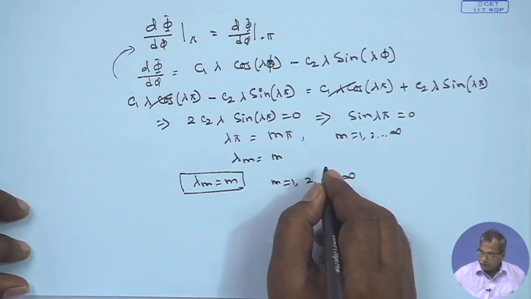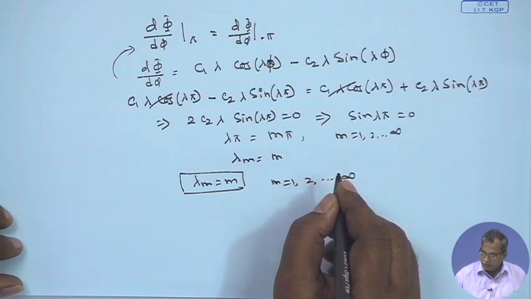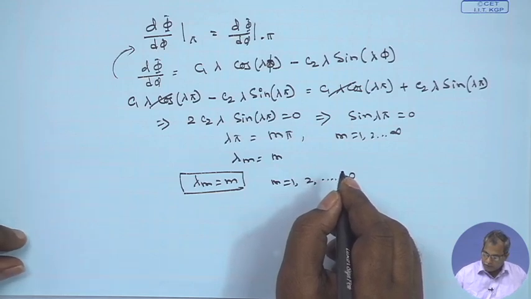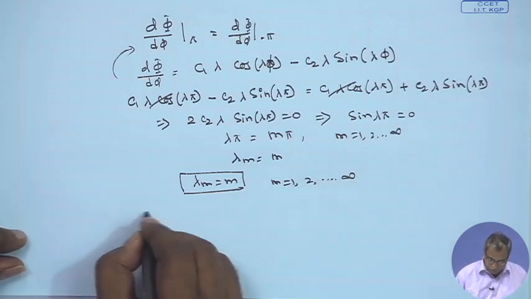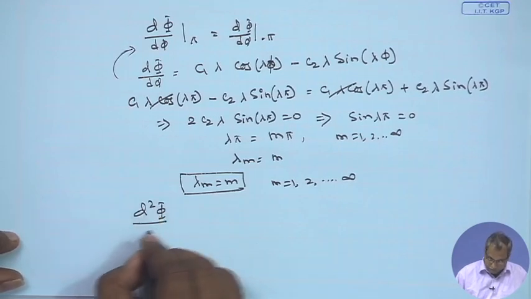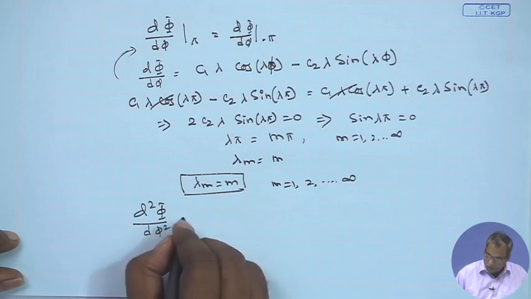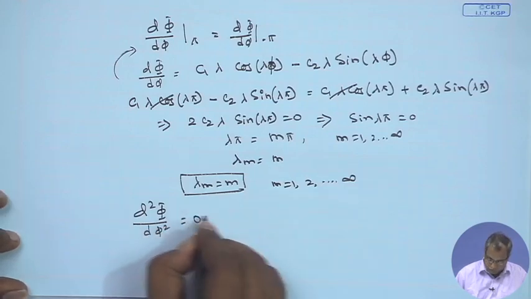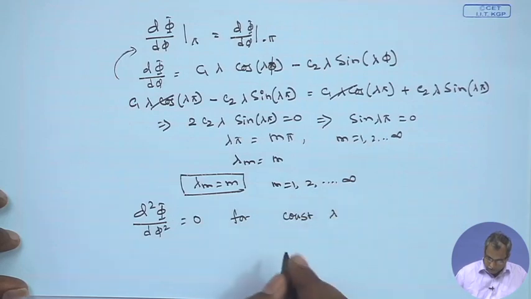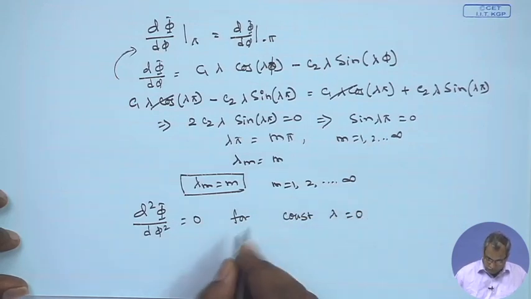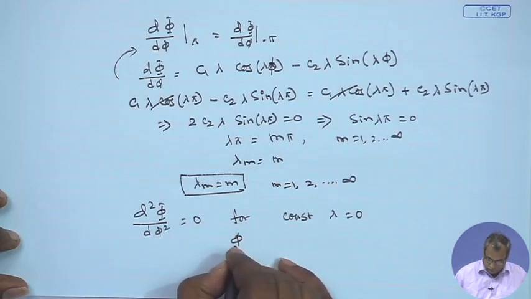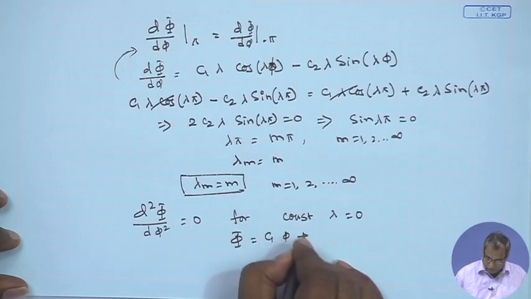Now, let us use the value of lambda equal to 0 and see what will happen to our eigenvalues. d square phi by d phi square will be equal to 0 for lambda equal to 0. So, for the case when lambda equals 0, you will be having phi is equal to C 1 phi plus C 2.